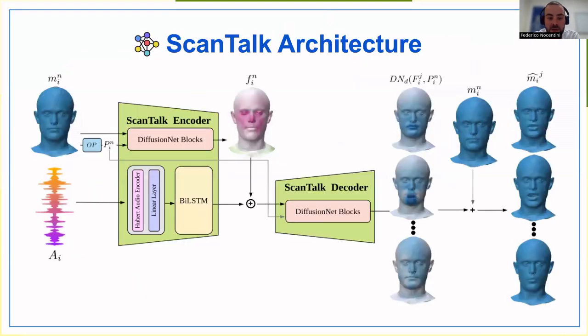Here we have the architecture of ScanTalk, which is composed of an encoder and a decoder. The encoder is a concatenation of DiffusionNet blocks for a per-vertex feature extractor from the neutral face that we want to animate, and a concatenation of the pre-trained HuBERT audio encoder and a bidirectional LSTM for audio feature extraction.